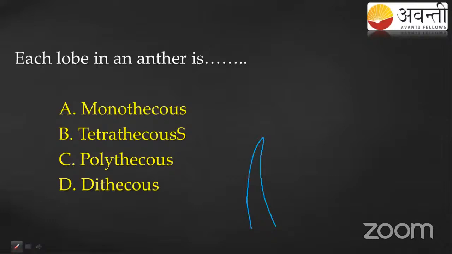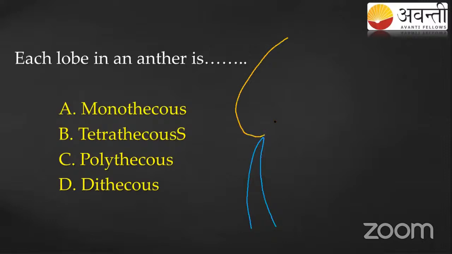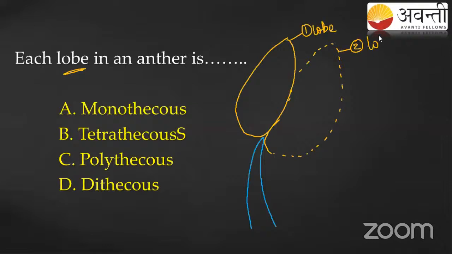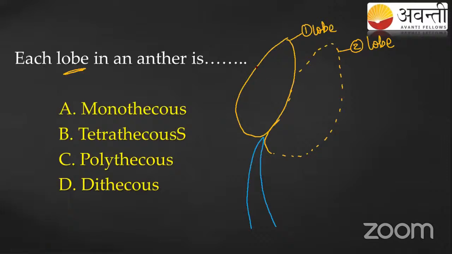Okay, this is one, and let's consider this is another lobe, because they're saying each lobe, right? So this is one lobe, this is the second lobe. Here there is this part called the groove. There is a groove here also. So what is this groove?